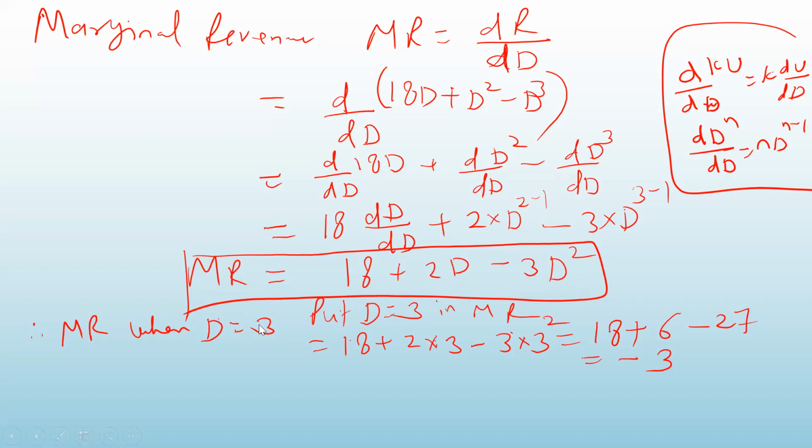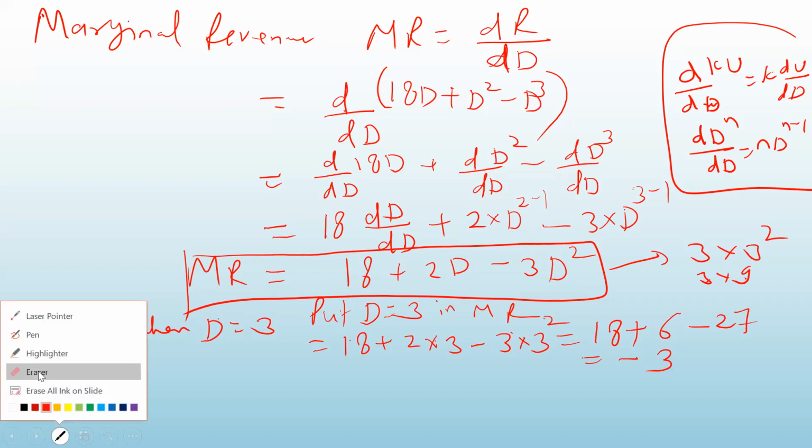Now you have to find out marginal revenue when demand is 3. So put it here. Unless you solve the problem by yourself, you may find it slightly difficult. See, it is 3 into D square, so 3 into 3 square. 3 square is 9, so 3 into 9 will give you 27.